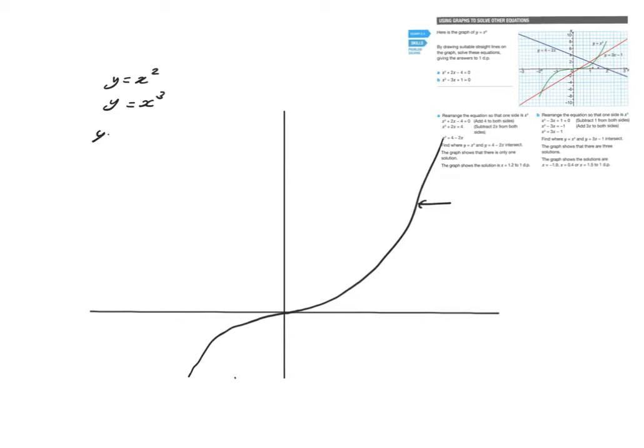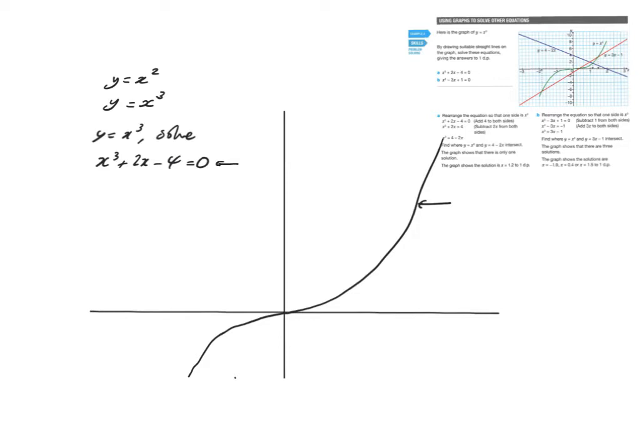By using y equals x cubed, solve, for example, and I'm just going to use their example here, solve x cubed plus 2x minus 4 equals 0. Okay, well, we don't know what this is, and although we can work it out on the calculator, let me do that really quickly. If I go to menu and equation, I'm going to go to polynomial degree 3.